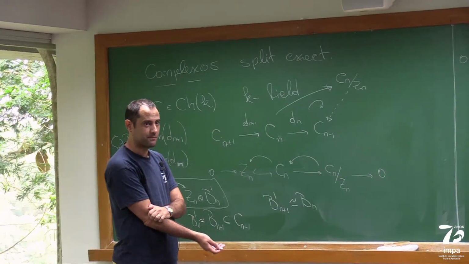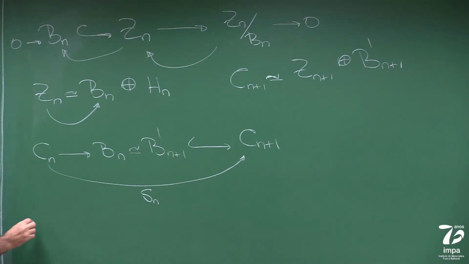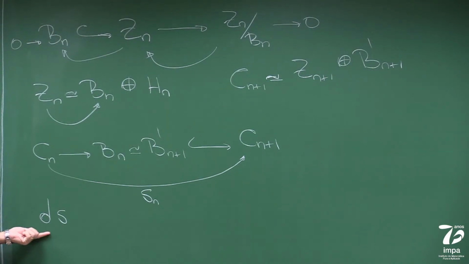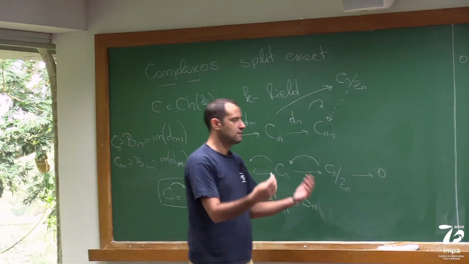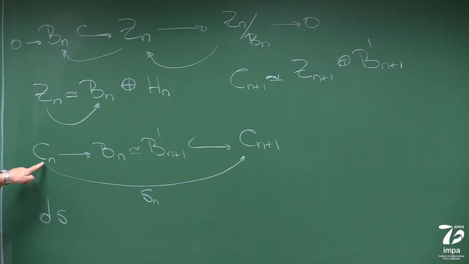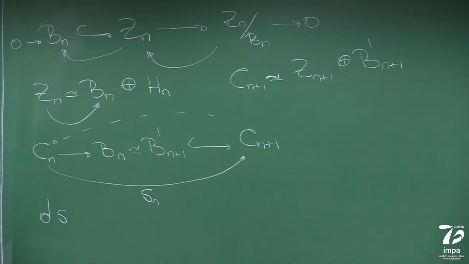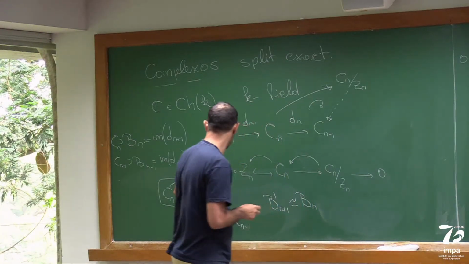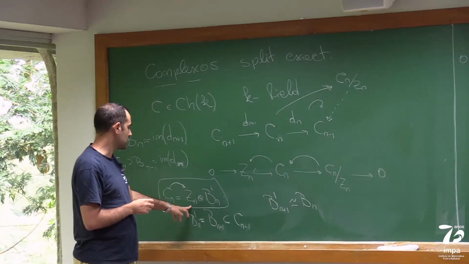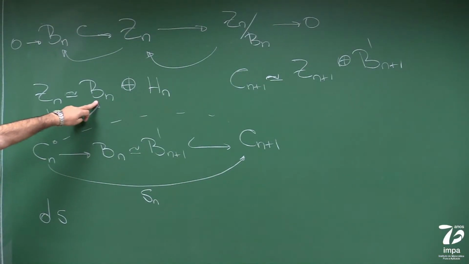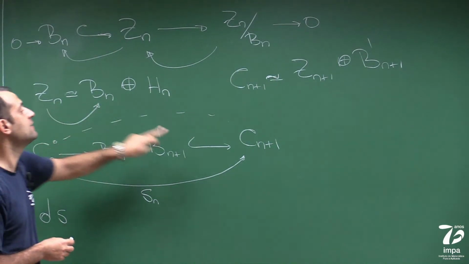Okay, so we have these maps. So what are these maps? Notice that if I look at D composed with S, I don't want to keep track of the indices because I'm sure I'm going to screw it up like I did here. So let's take the indices wherever these guys are defined. Namely, I'm going to take S, and then I'm going to take D. D is going to go back this way to Cn. So what was this S? Well, this S was first project to this kernel, to Zn, and then project to Bn from Zn, and then take D of that.